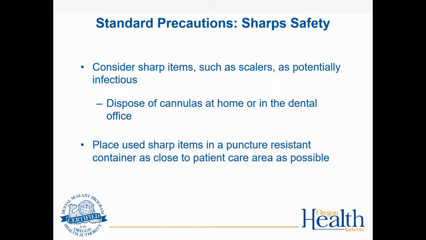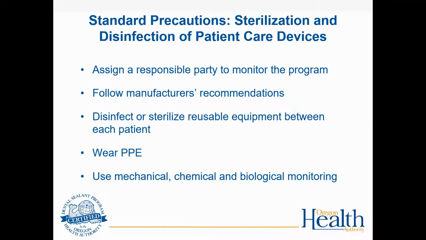So this is information about sharps safety and sterilizing instruments. If you're using resin etch and sealant, dispose of the tips either at home or in a dental office. Place any sharp instruments in a puncture-resistant container when you're transporting them.